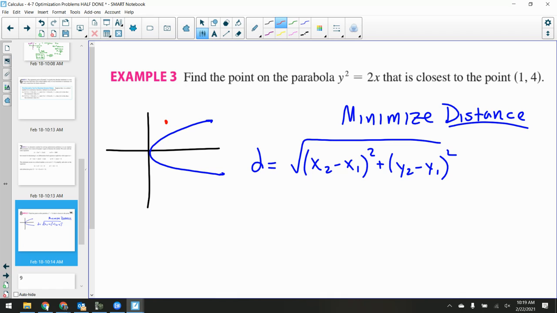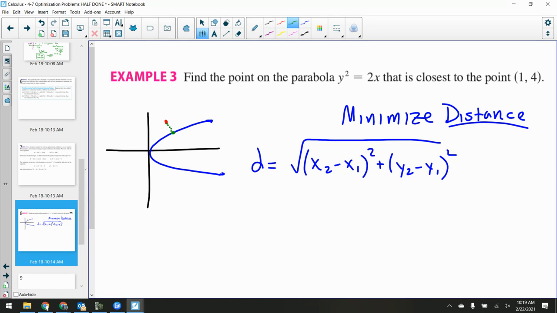I know that it's not on that parabola, right? If I take the y value and I square it, I get 16. Is that really equal to 2 times 1? No, it's not on the parabola. So I want to figure out what the closest distance is. What point on that parabola is the closest to that coordinate (1, 4)?